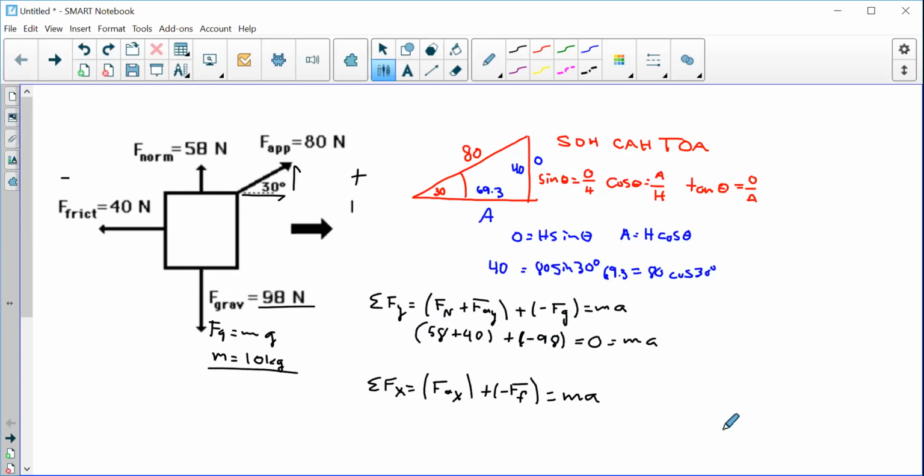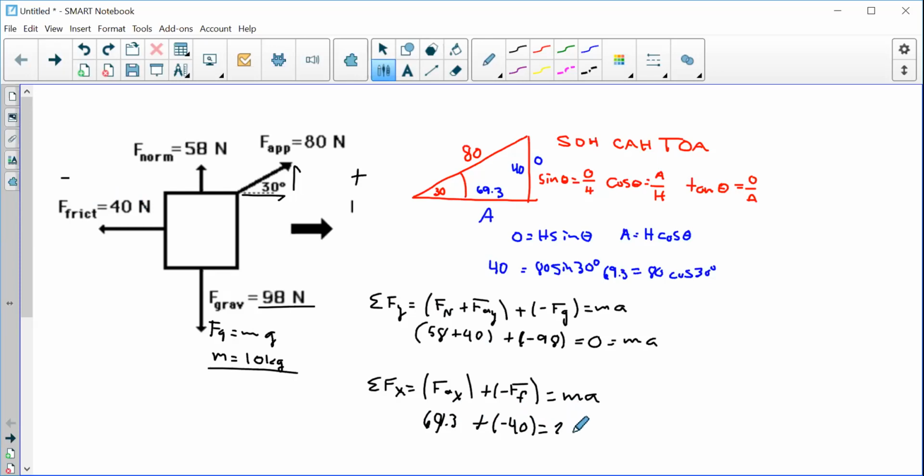All right, let's look in the x direction. Let's just plug in our values. So we've got 69.3 in the positive direction. Then we're going to add to that the force of friction, which we've been given as 40 newtons. And this is equal to, when we do the math, 69.3 plus negative 40, you're going to take 40 away from that.